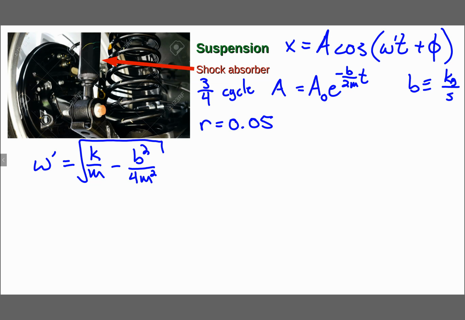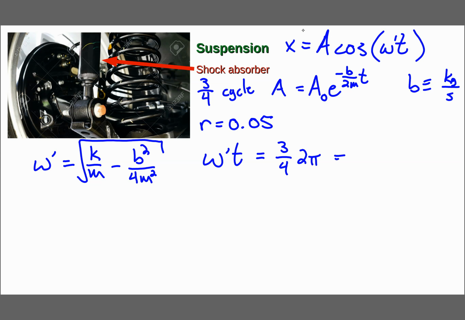And so if that's the case, phi in this case is going to be 0, right? Because we're always going to start from the top because we go over a big bump. And so the thing starts to oscillate after we go over the big bump. So we're always going to start from the top, which for cosine means that phi is 0. And then what we're really saying is we want omega prime t to equal 3/4 of a cycle, where a cycle is 2 pi radians, right?